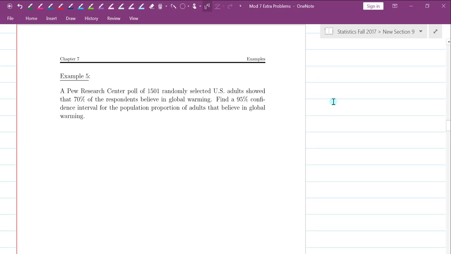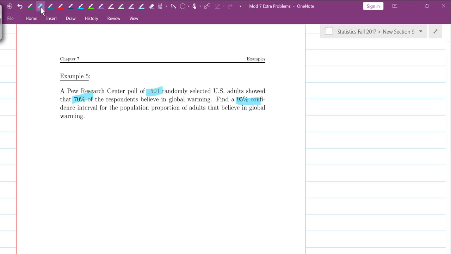So back to statistics. This is a proportion. So we have 1,501 randomly selected adults. We have 70% who believe in global warming. We want a 95% confidence interval.